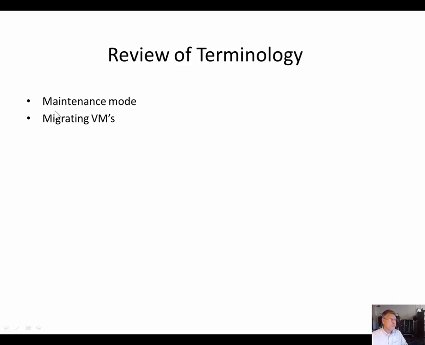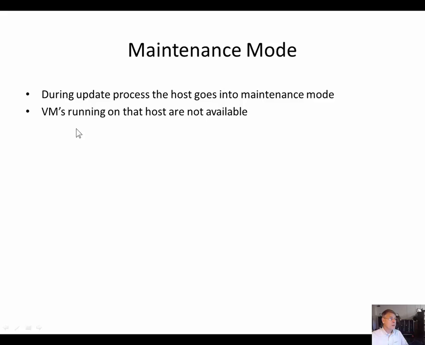Let's do a review of the meaning of maintenance mode and what it means to migrate or vMotion a virtual machine. Maintenance mode. During the update process, the host goes into maintenance mode. And in maintenance mode, virtual machines running on that host are not available.